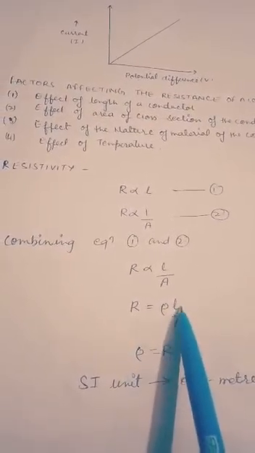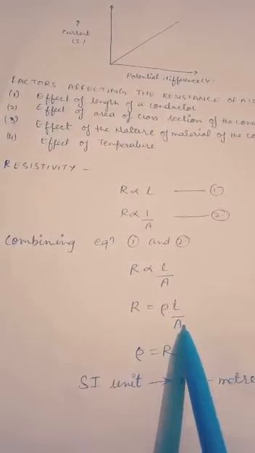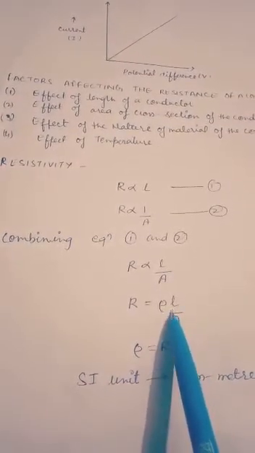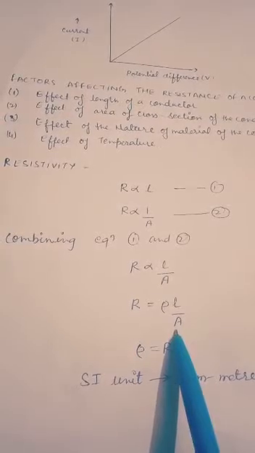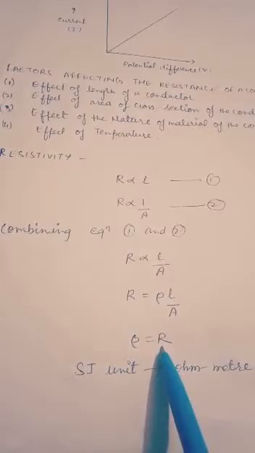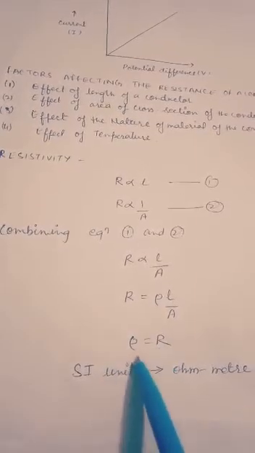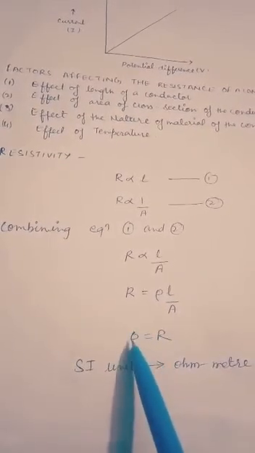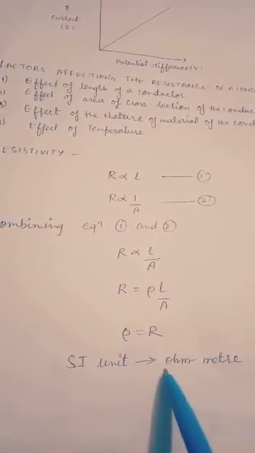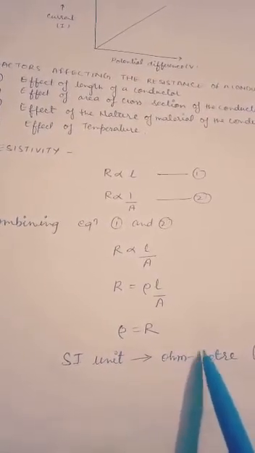If L and A both are unit quantities, take L to be 1 meter, take area of cross section to be 1 meter square, then rho will be equal to R, and in this case it will be called resistivity. The SI unit of this will be ohm meter.